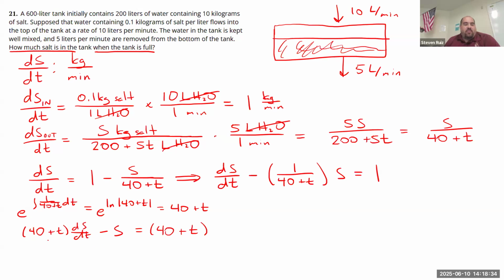All right. And the reason we do this is so this looks like the output of the product rule. So the product of s and our integrating factor, which is 40 plus t, equals 40 plus t. Integrate both sides with respect to t.